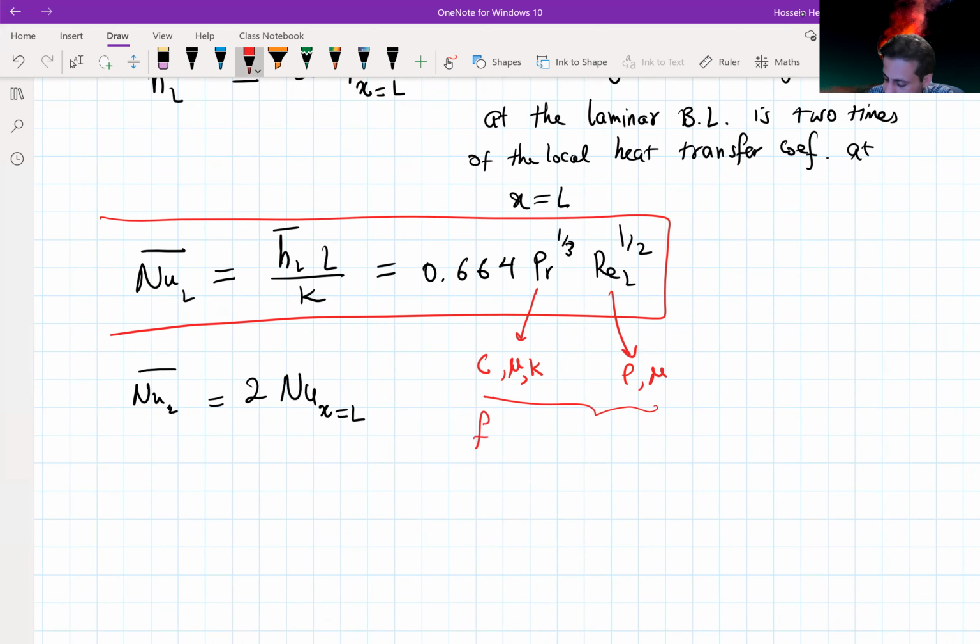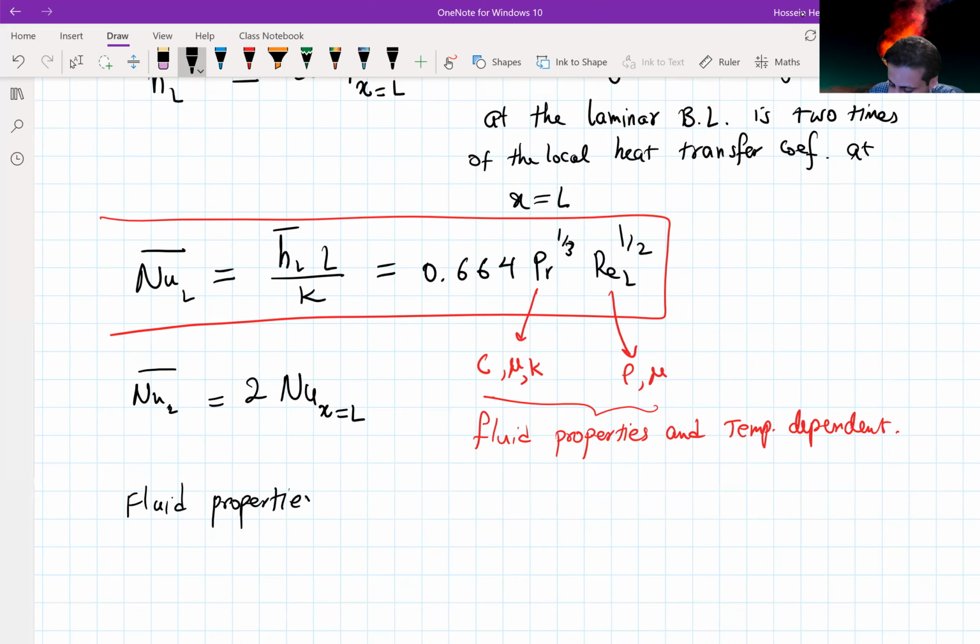So the question here is: at what temperature do we evaluate these properties? Fluid properties evaluated at what temperature?